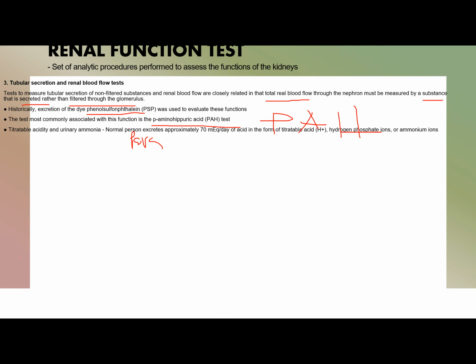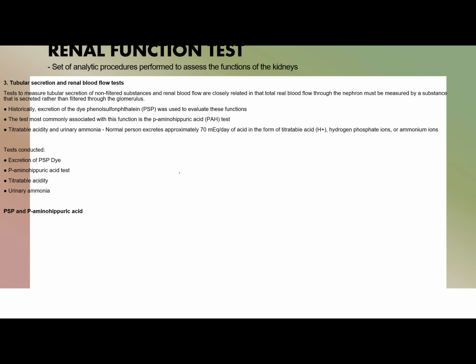Then there's also your titratable acidity and urinary ammonia. So normal persons would excrete approximately 70 mEq per day of acid in the form of titratable acid and hydrogen phosphate ions or ammonium ions. Tests conducted are the excretion of PSP dye, para-aminohippuric acid test, titratable acidity, urinary ammonia.